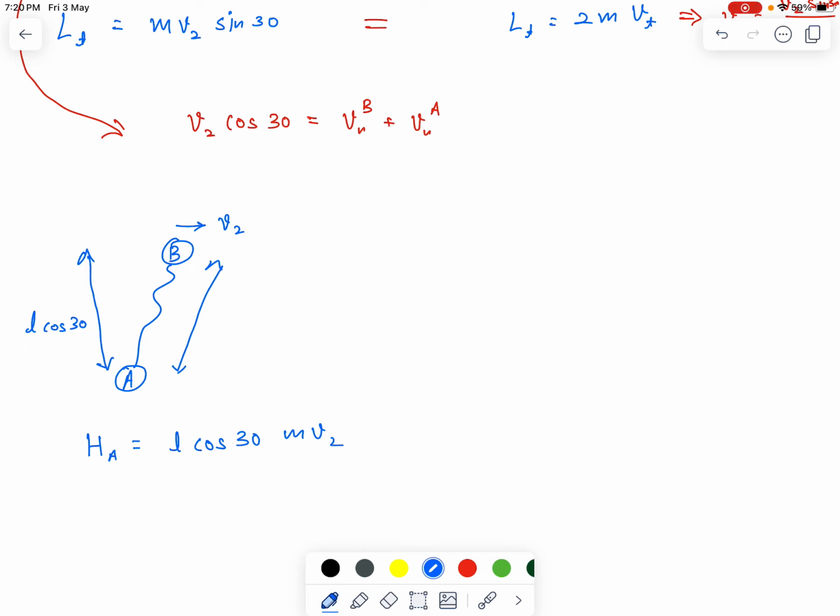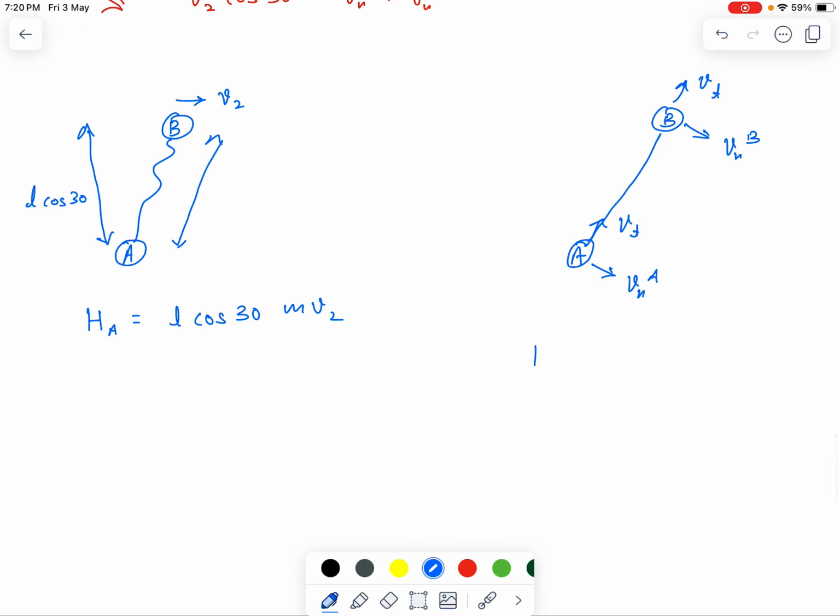After the string becomes taut, this is Vn B, this is Vn A, this is Vt, and this is also going with Vt. So here angular momentum can be written as m Vn B times L.